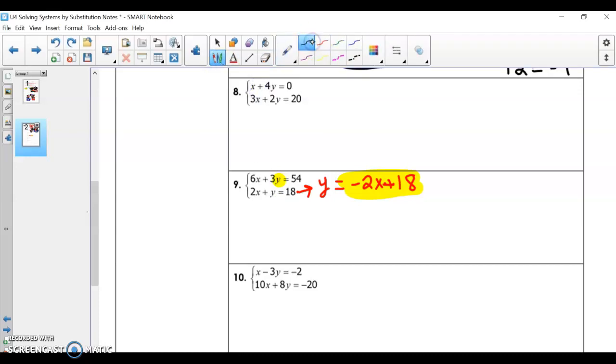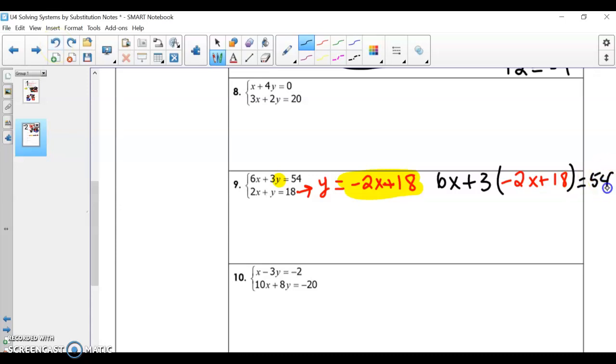So we have 6x plus 3, and I'm going to replace the y with what we just found. I'm going to plug in the negative 2x plus 18, and then equals 54.